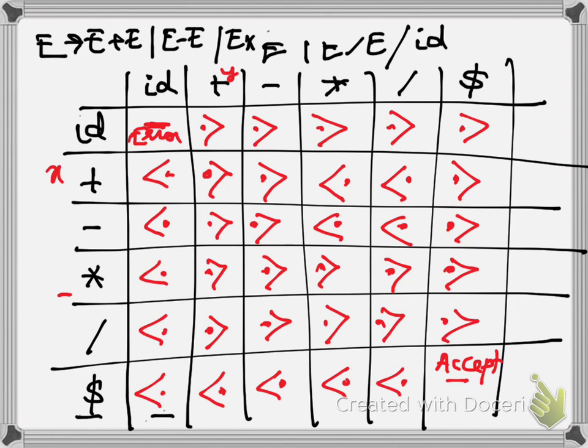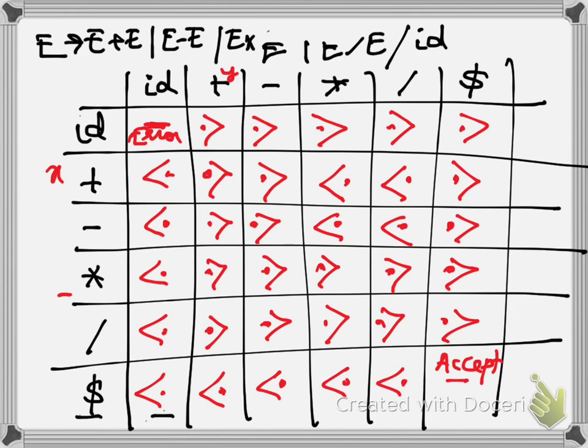Here I have 1, 2, 3, 4, 5, 6, so this is a 6 by 6, 36 cells. So this is one disadvantage of operator precedence parsing, that the table size increases with the increase in the number of operators. If you have too many operators, the size will be bigger.